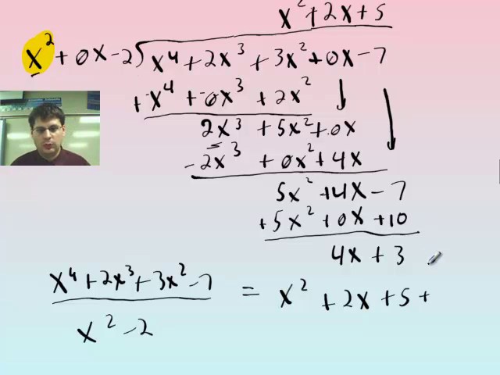So we're acting like we're going to divide it even though it doesn't go into it. So we know we can stop dividing here because we have no more terms, but additionally, the degree of the divisor has to be larger than the degree of what we're left over with. So then divided by x squared minus 2.